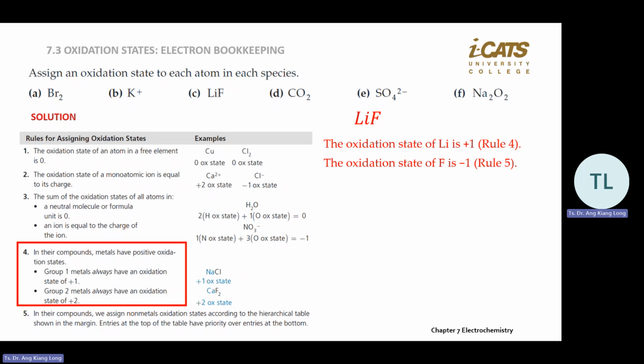Okay, so you follow rule 4 and rule 5, and you read what is rule 5. For rule 5, you need to refer to the hierarchy. It just reminds you, rule number 5, you read carefully. Rule 5, in their compounds, blah, blah, blah, until the last sentence, entries at the bottom, it actually refers to the hierarchy table. Refer back here.